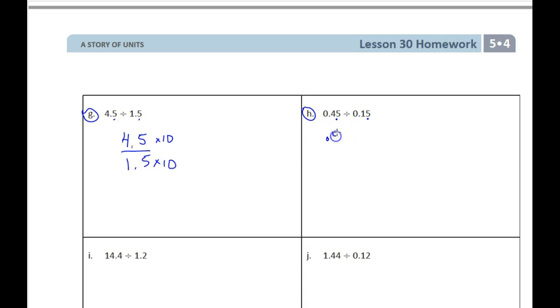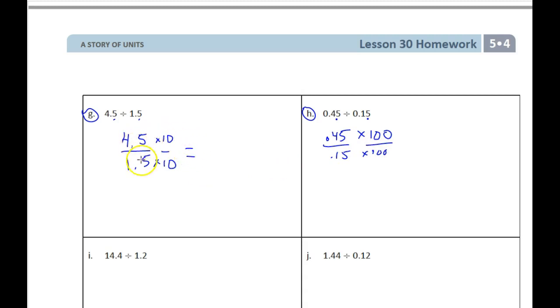We have 45 hundredths divided by 15 hundredths, and because I want to move it to the ones place, 100/100 is 1, so I'm going to multiply by 100 in both cases. It's also the same as multiplying by 1, right? 100 over 100 is 1, 10 over 10 is 1, so it's not actually going to change things for real, it'll be the same on both.